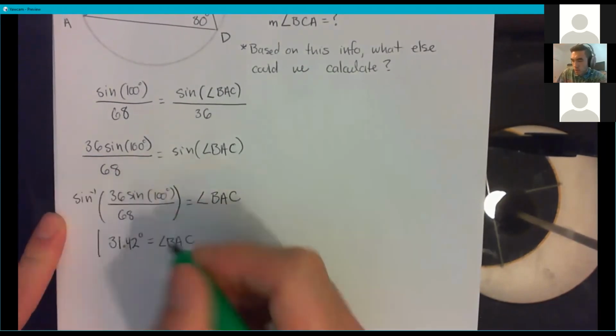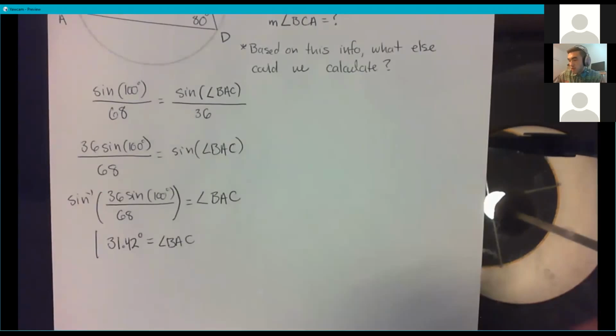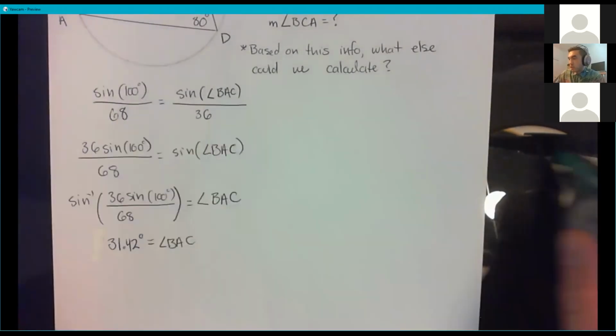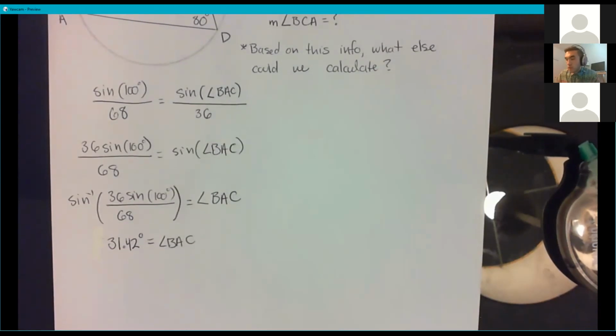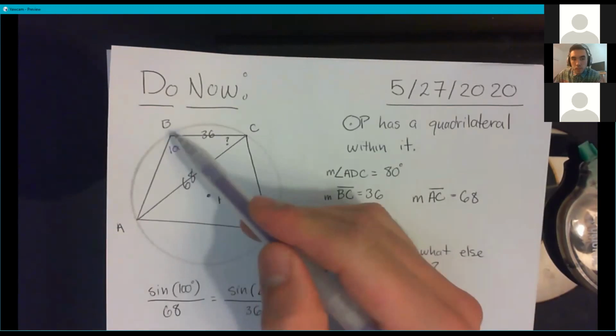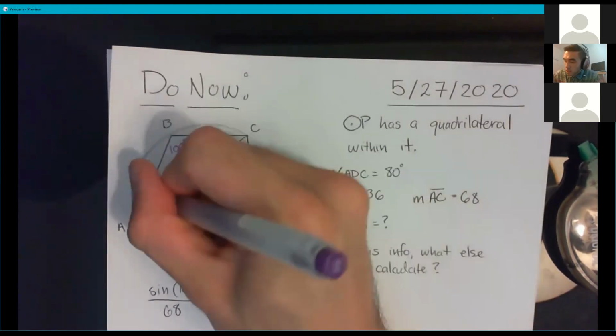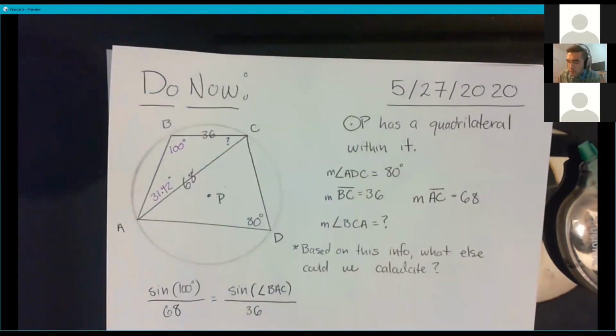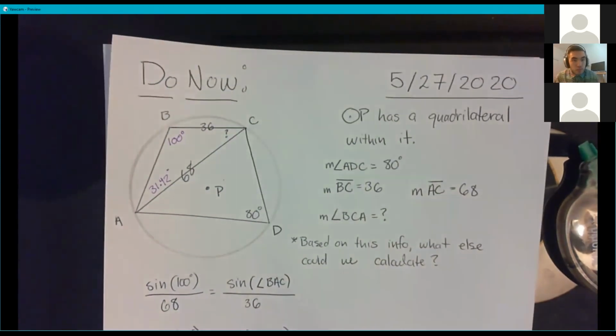Oh, I almost made a mistake. I don't want to box that. That's not my answer. So again, I'll just go back to the triangle and label which pieces we have figured out. The measurement of angle BAC, B to A to C, is 31.42 degrees. And so it's simple arithmetic from the end.